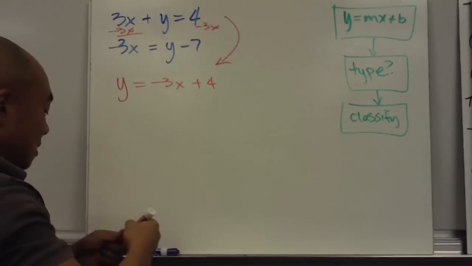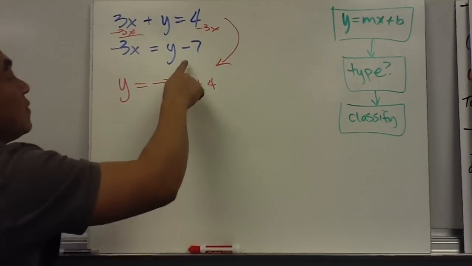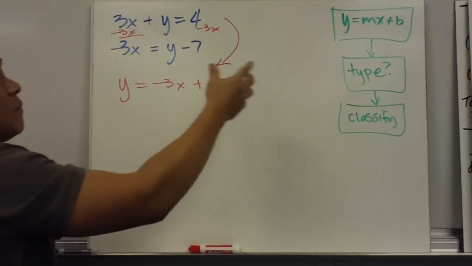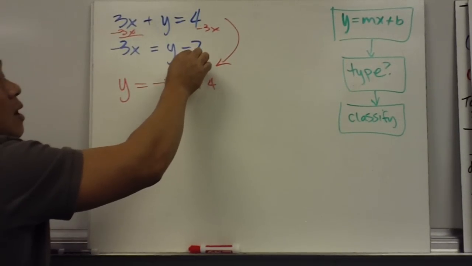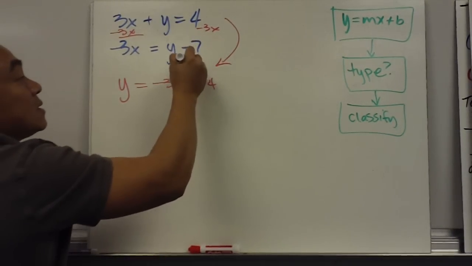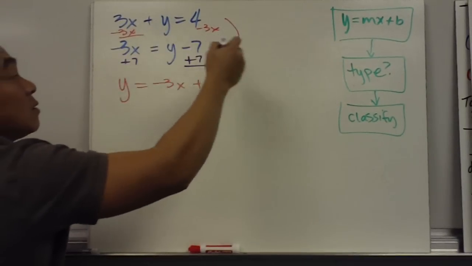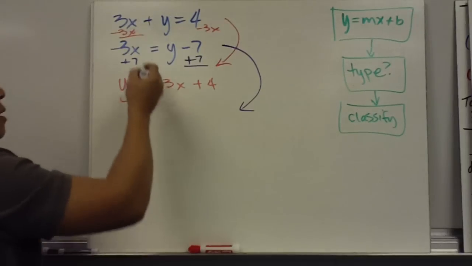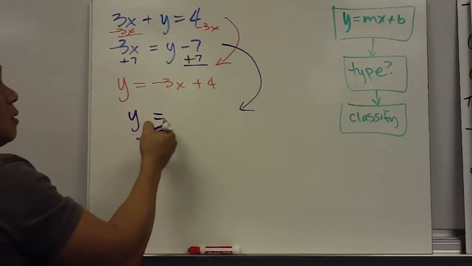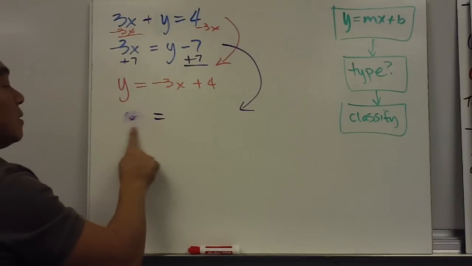Then let's take this one and rewrite it. Y is already technically in the mx plus b format if I just move the 7 over. So let's go ahead and add 7. I'm going to write it in the standard format of how you see it.